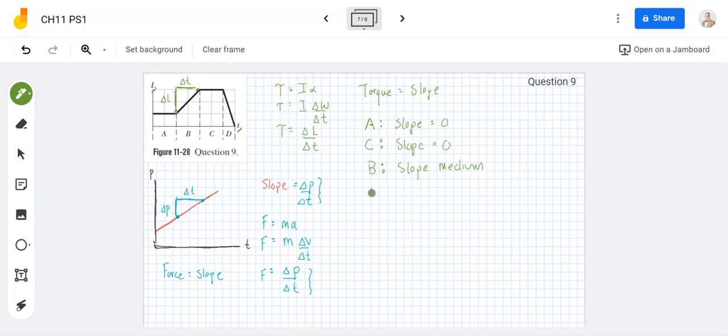And in section D, I would say the slope is steep. So if I had to rank them, greatest first, I would say D, then B, then C equals A, and these are both 0.